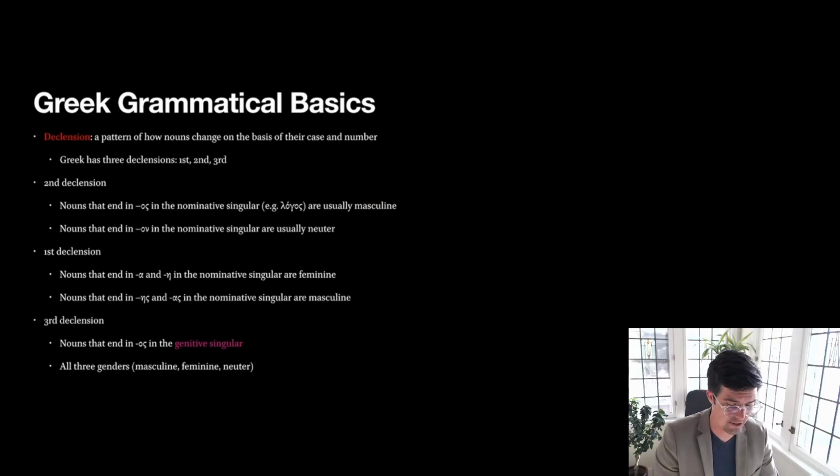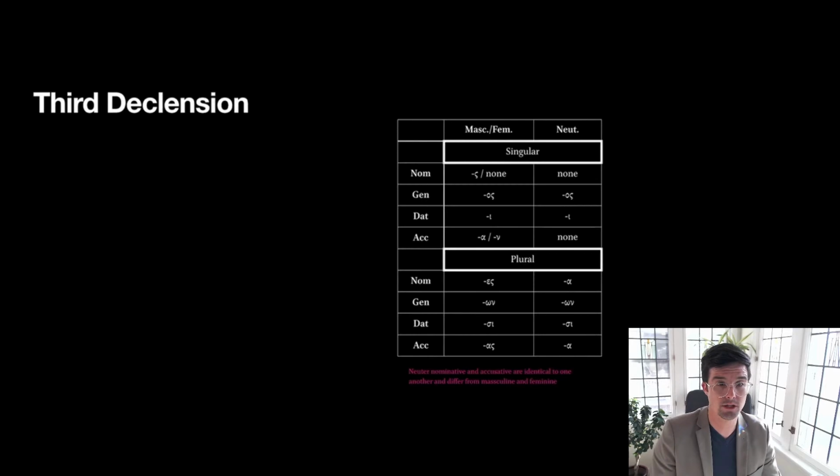But the third declension is going to end in omicron sigma in the genitive singular, and it's going to be a group of nouns that is all three genders. So the third declension is going to have masculines, feminines, and neuters.